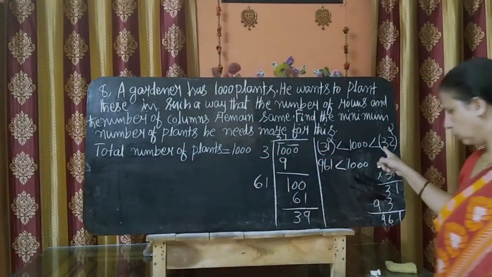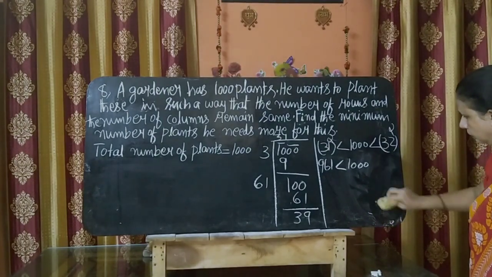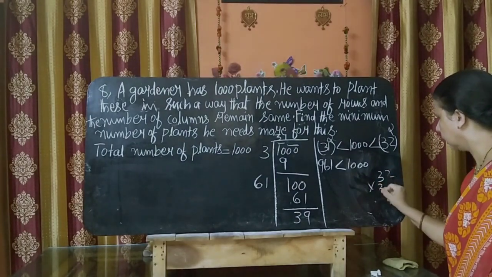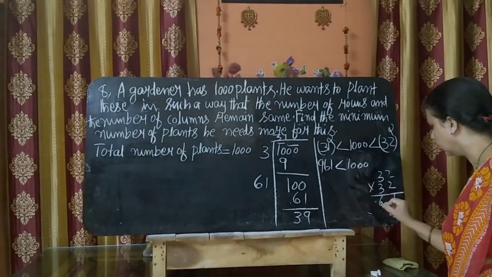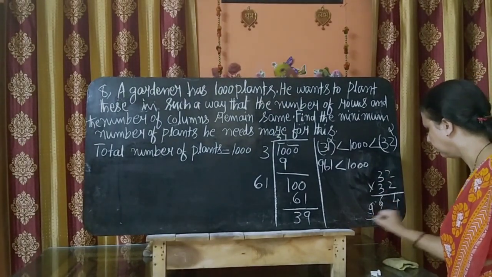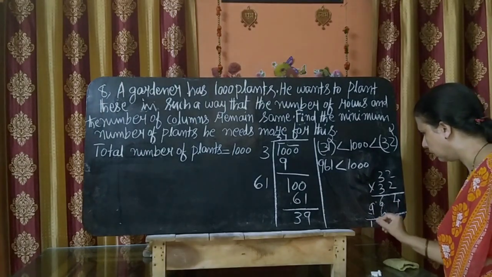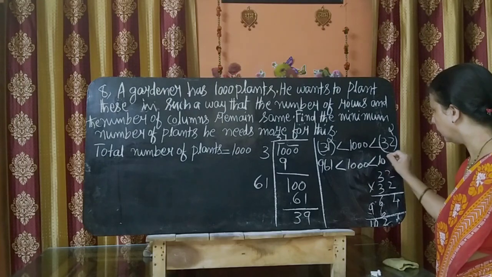Then 32 square, 32 into 32: 4, 3 2s are 6, then 3 2s are 6, 3 3s are 9, 4, 6 plus 6 are 12, then 9 plus 1, 10. That is 1024.